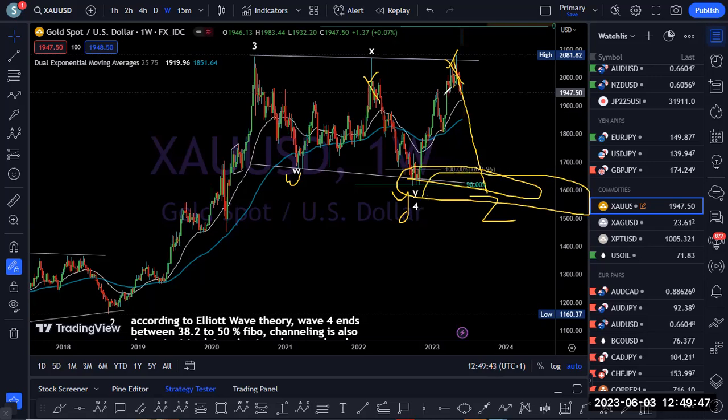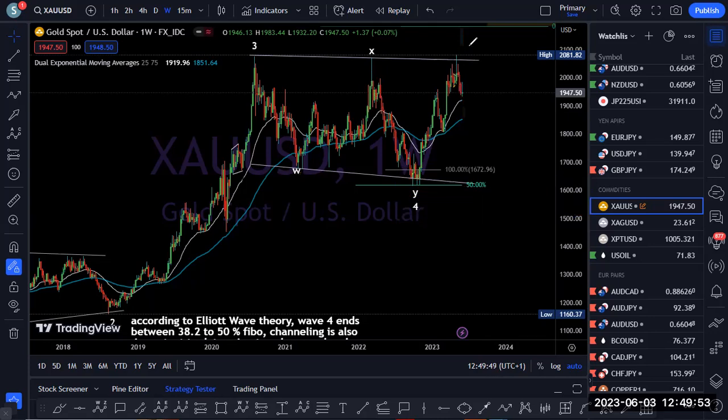So this weekly chart, if it will happen, maybe gold will continue to sell till next year. So have that in mind.